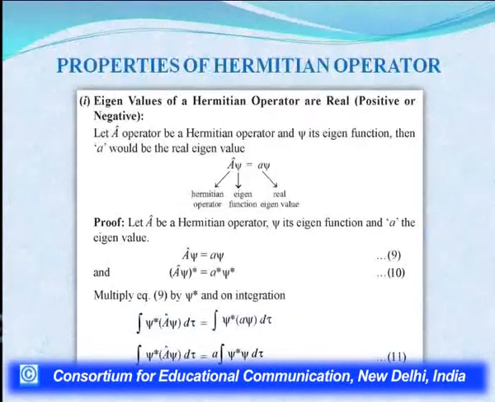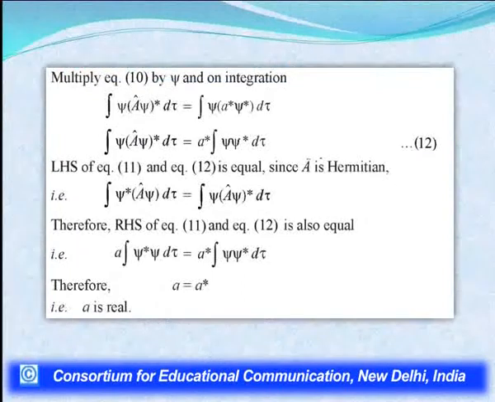What was our equation number 10? It was A operator psi star equal to A star psi star, multiplied by psi and then integrated. This will become the integral of psi A operator psi star d tau, and then psi A star psi star d tau. On the right hand side, take A star as common. It will give you equation number 12.